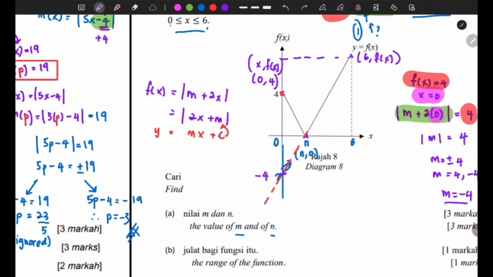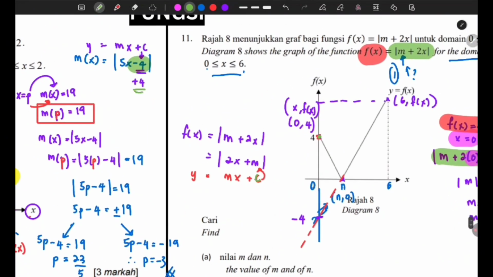Actually, you don't have to do all this working. If I see the graph, I can already tell it's negative 4, because it is the y-intercept. This is the point that's touching the y-axis. So that should be my y-intercept, which is my c. So I know that is my m. Remember just now I told you, when you see that, just change the sign. If positive, put negative. If negative, put positive.